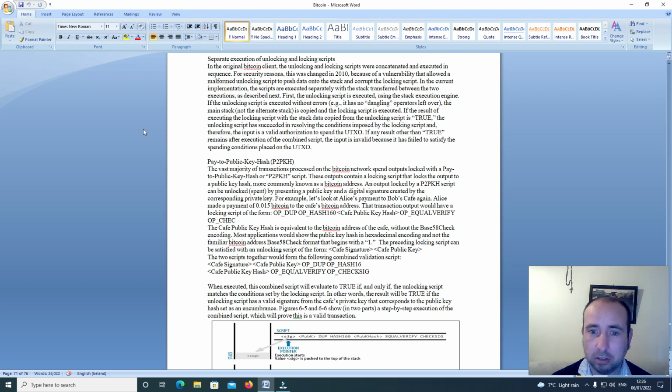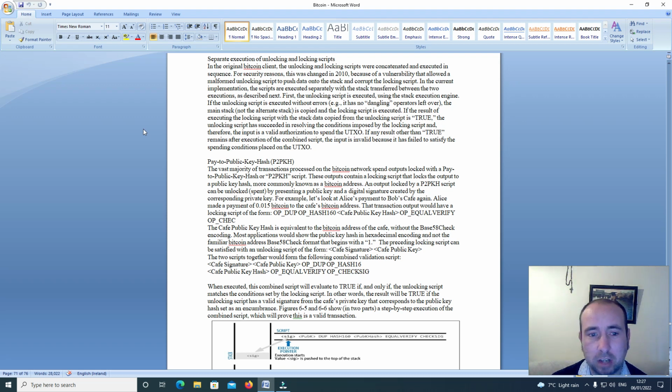First, the unlocking script is executed using the stack execution engine. If the unlocking script is executed without errors, e.g. it has no dangling operators left over, the main stack, not the alternate stack, is copied and the locking script is executed.